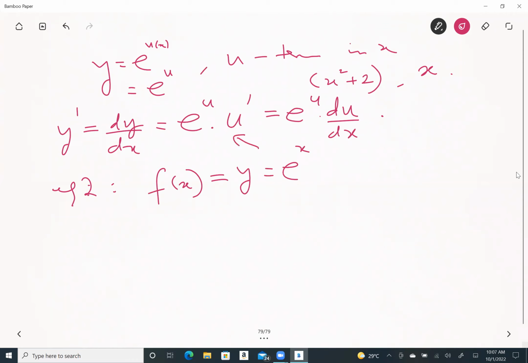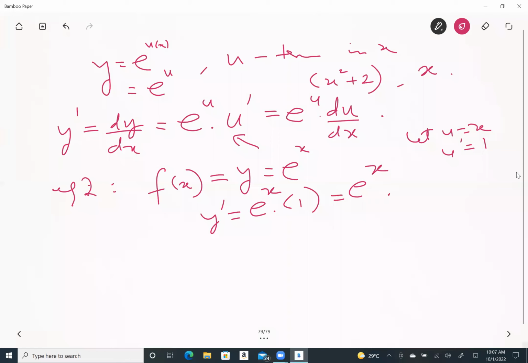It's very straightforward because the derivative is e to the power of x, which is e to the u, multiplied by u prime. Now u is equal to x, so u prime is just 1. So if you look at the basic function, e to the power of x, the derivative is simply e to the power of x. Why? Because if you let u be equal to x, u prime is just equal to 1. So the derivative and the function are the same.